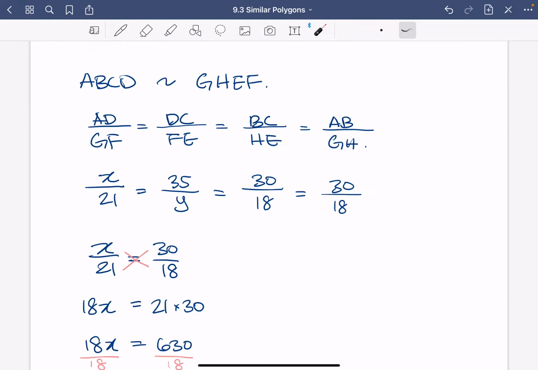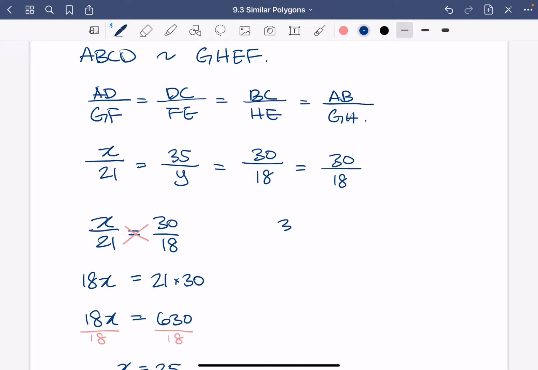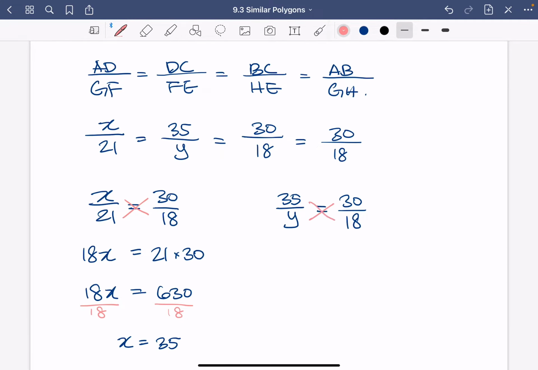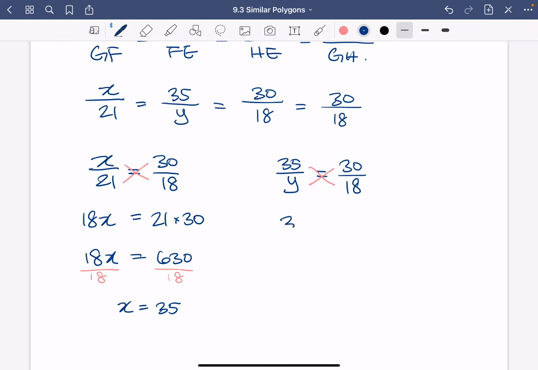And we can do the same for y. In this fraction, it's 35 over y, and it's also equal to 30 over 18. And if we cross multiply, 30y is equal to 18 times 35.